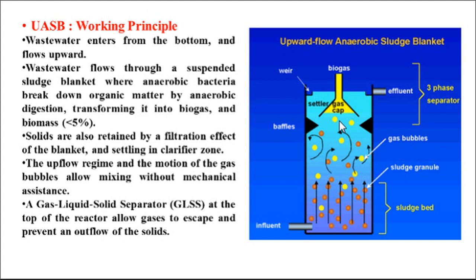Then the gas is taken out through this, and the settled scum and water is taken out through this weir which is provided over here. This particular phase is called the three-phase separator technique, and whatever sludge is there settles at the bottom and is taken out through the pipe provided at the bottom.